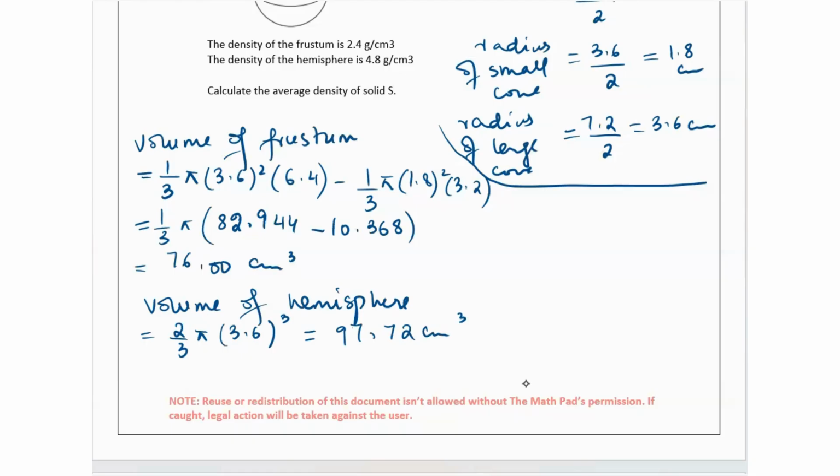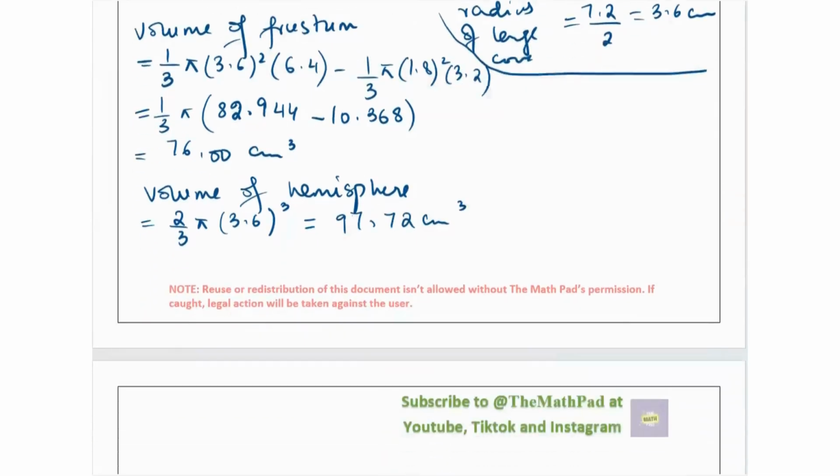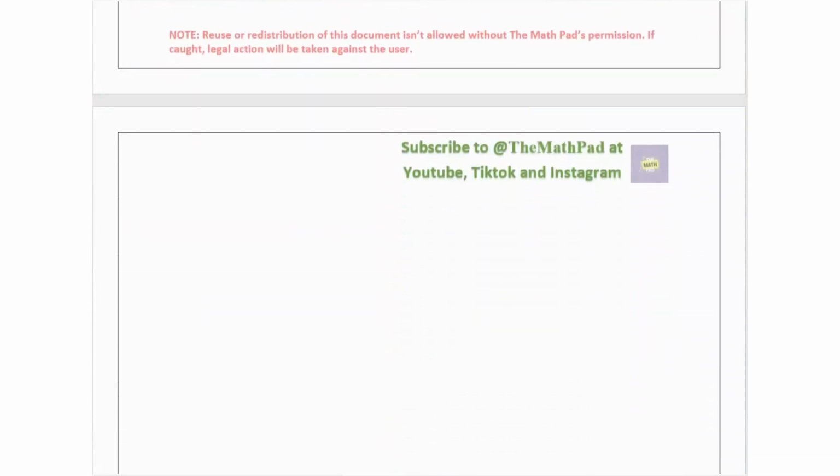Okay, now that we have the volume of the frustum and the volume of the hemisphere, next what we need is the mass. For the mass, we'll use the density formula. Density equals mass over volume. We need the separate mass of both the frustum and the hemisphere.